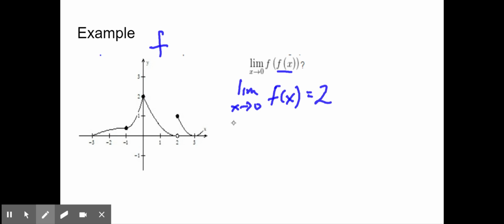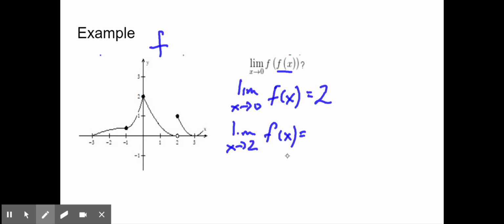So now I'm going to calculate the limit as x goes to 2 of, again, the outer f of x. All right, now let's see this. From the left, I go to 0. From the right, I go to 1. So then the limit as x goes to 2 of f, that limit doesn't exist.